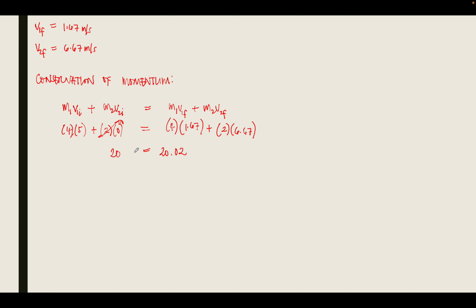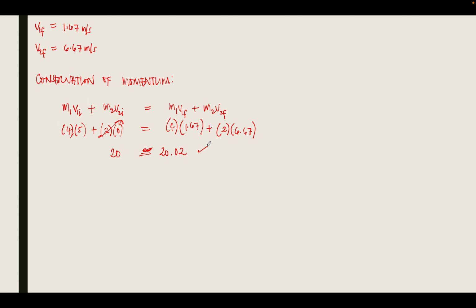So meaning the momentum is conserved because our answer is approximately equal to 20. So we have 20 is approximately equal to 20.02. So the momentum is conserved in these two balls.